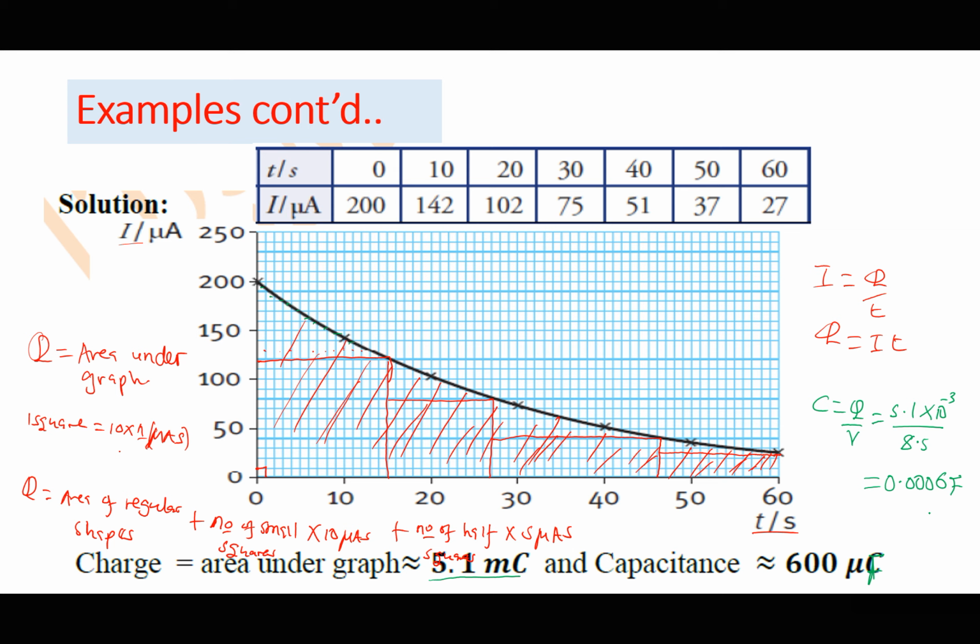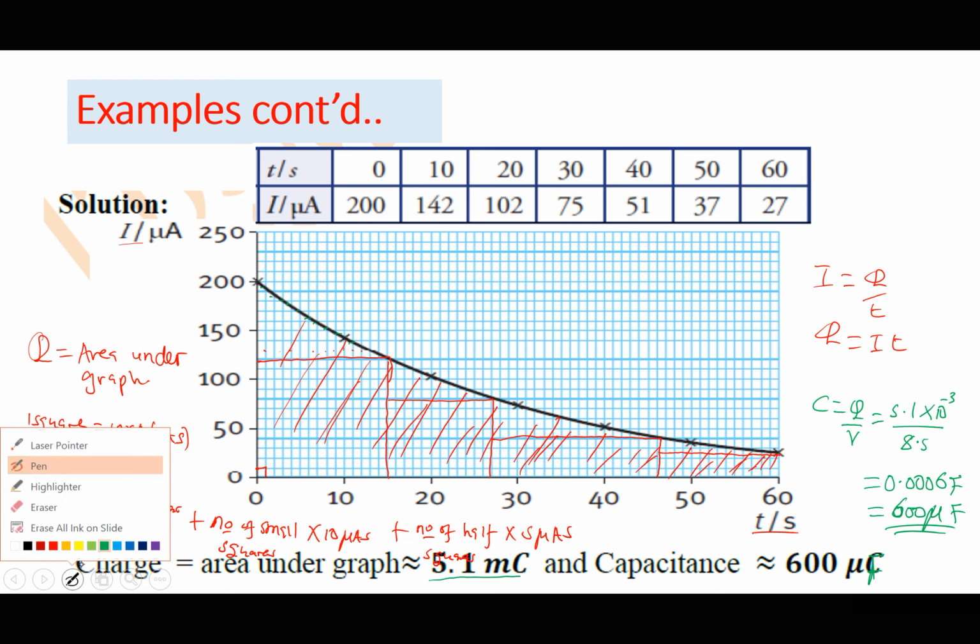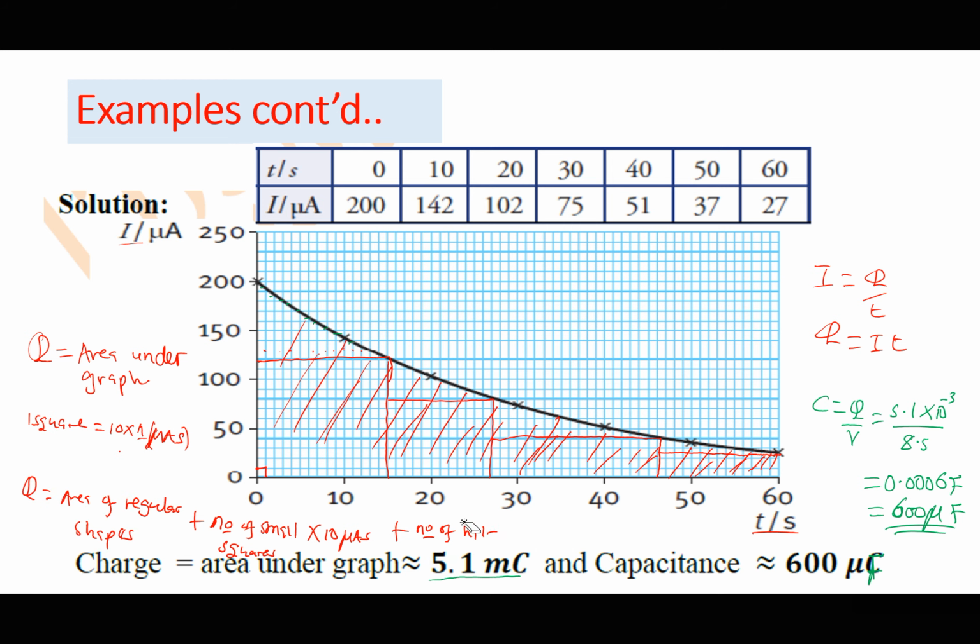Let me try to check. Divide by 10 to the power of minus 6. This gives me 600 microfarads. So if you use the formula for finding the area, you may not get exactly what I've obtained here.